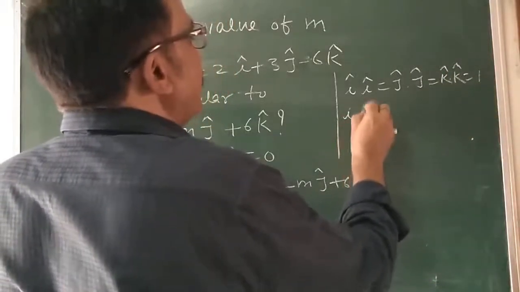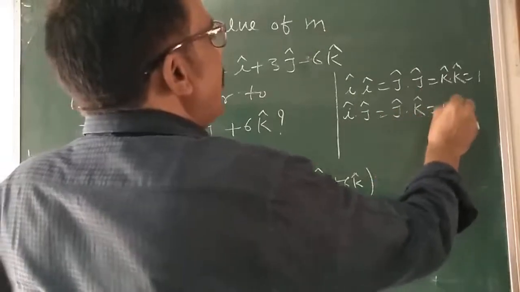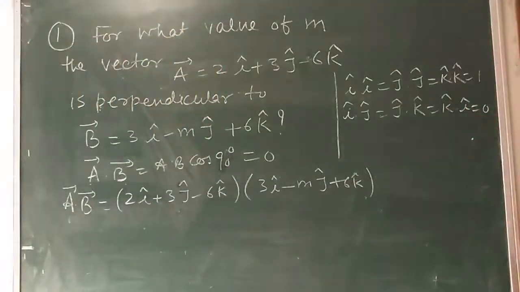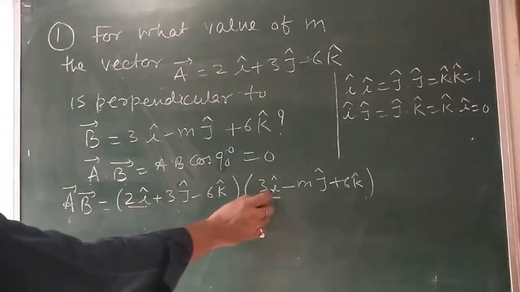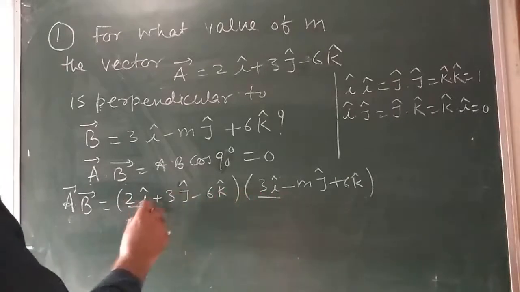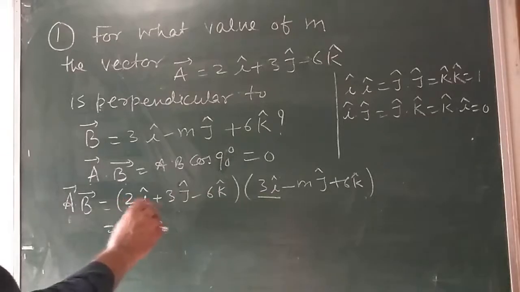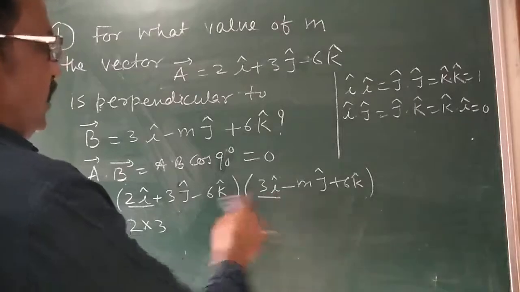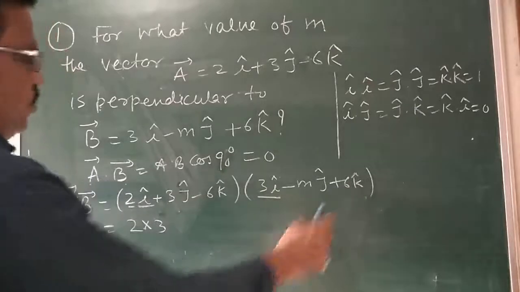Similarly, for perpendicular vectors, ij or jk or ki or reverse, that is equal to 0. So just multiply: 2i and 3i, 2 into 3 is 6, i dot i is 1. When you multiply i with j, that is 0. Similarly, 2i multiplied by 6k is again 0.